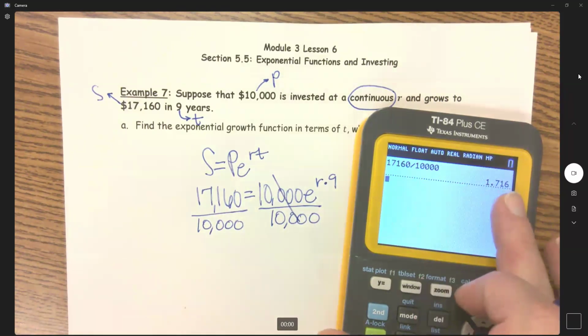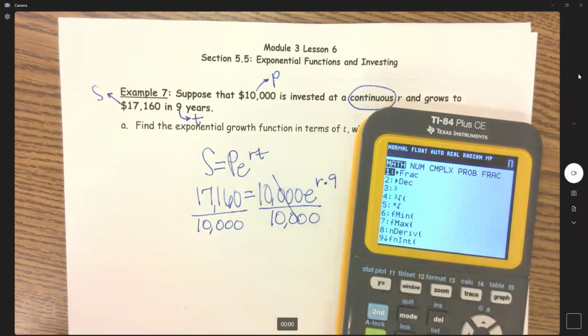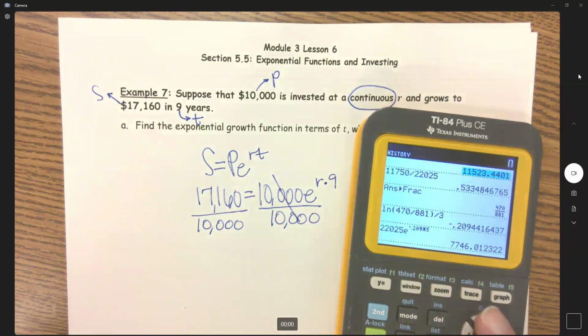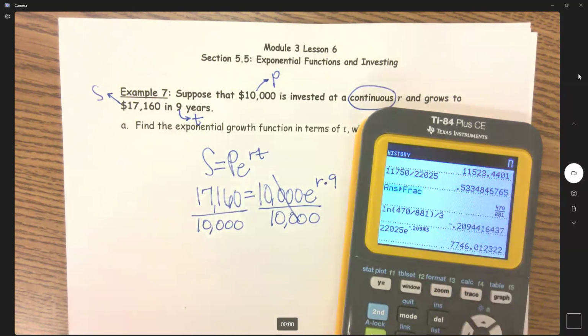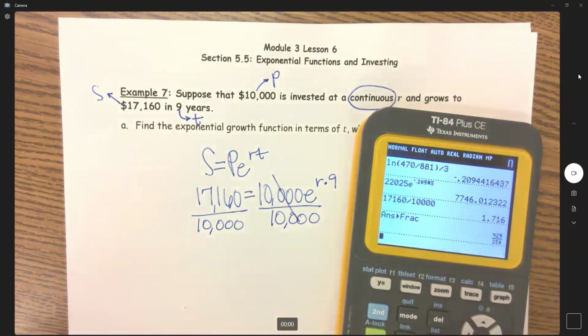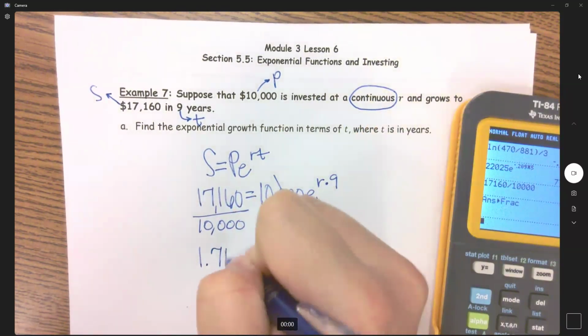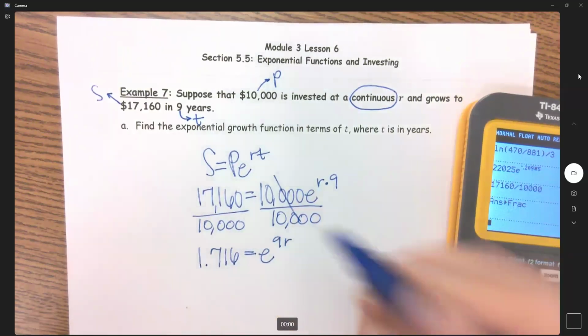Because this decimal here does not keep going, I'm going to keep this as a decimal. If you want to turn it into a fraction, that's fine. What we can't use as a decimal is when we got something like this, where it kept going and I had to cut off digits. But this one here, it stops. That's a good number right there. So we'll do 1.716 equals e to the 9r.